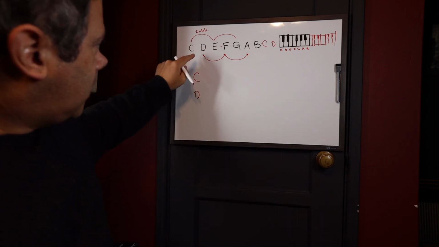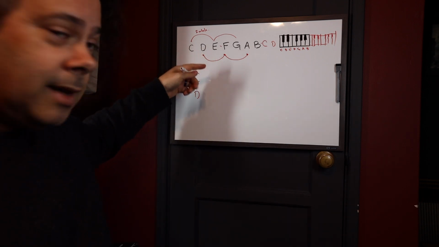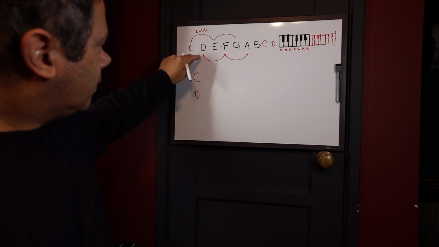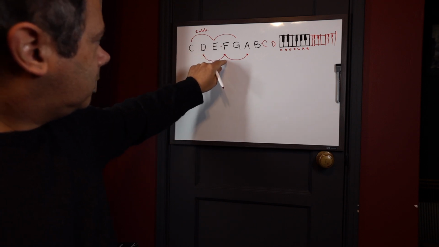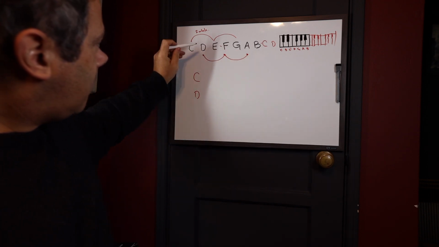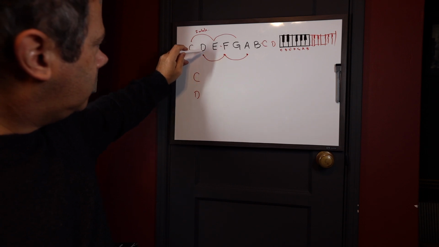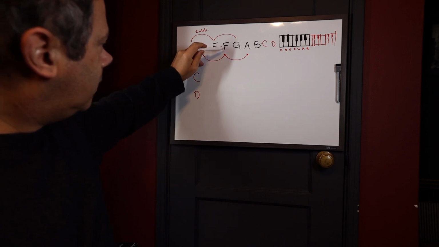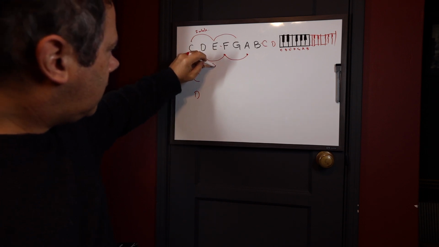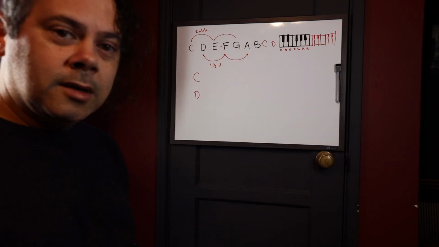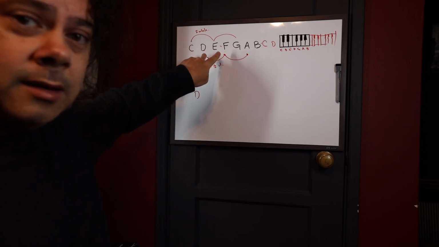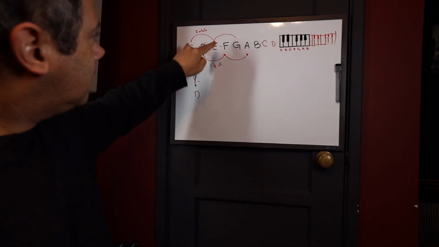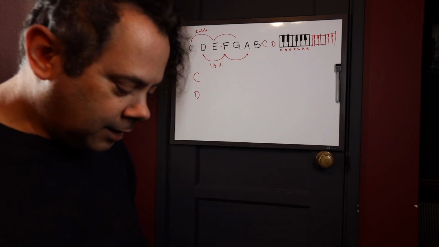If I measure from the D, my next root, to the third, which is F, I have a whole step here and a half step here. So it's 1.5 steps. So the distance here is shorter than the distance here, right?